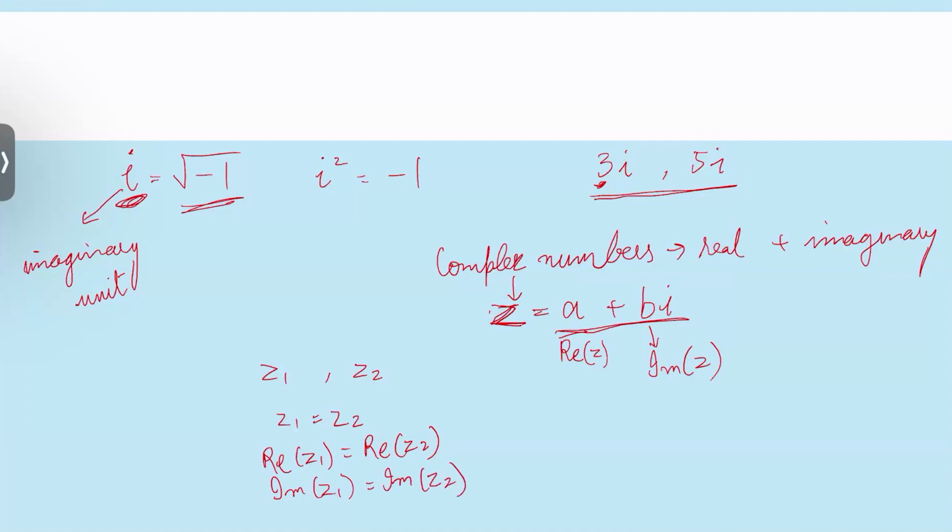The real part of the complex number is a and the imaginary part is actually bi. So b is the real number coefficient of the imaginary part. This is something we had done in the previous lecture.